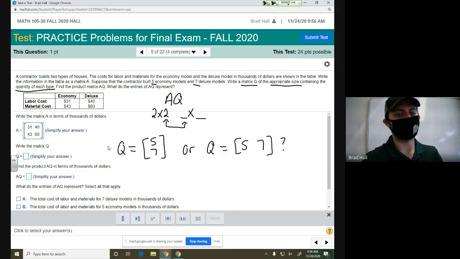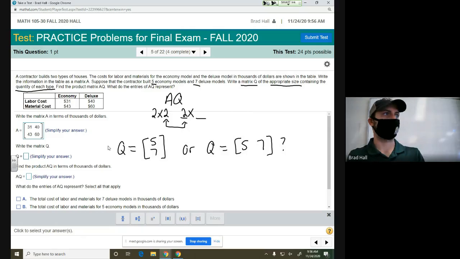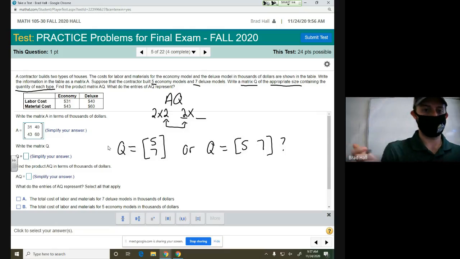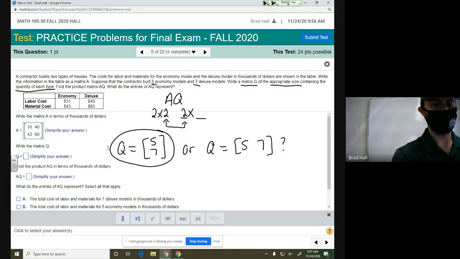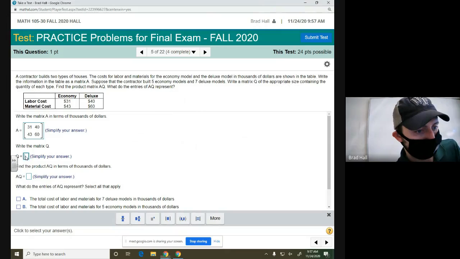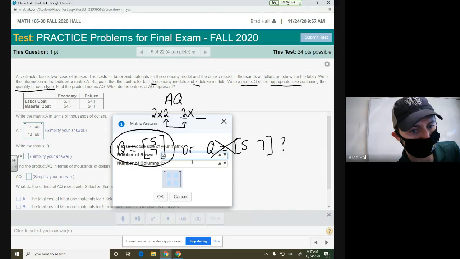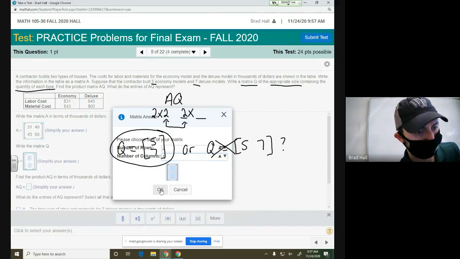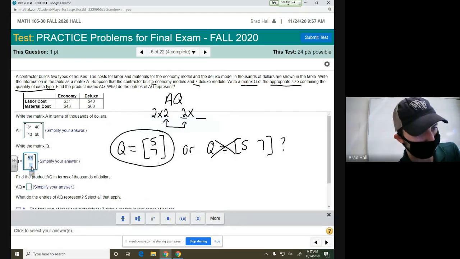Well, if those two numbers are equal, then this obviously has to be 2. So that forces Q, so the appropriate size here is that Q has to have 2 rows. That's this one, and not this one.